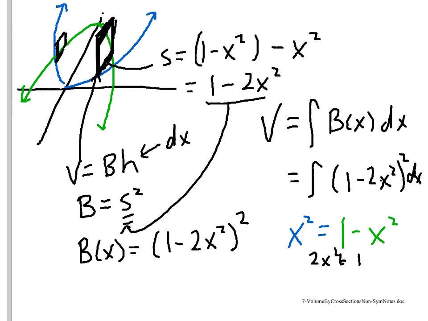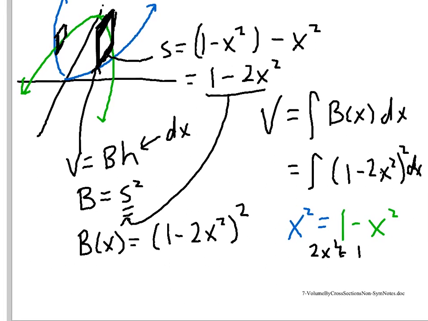And then we need to solve for x. So we divide by 2 and then take the square root. So it's plus or minus 1 over the square root of 2, and those will be our two upper and lower limits. So let me write that up there: 1 over root 2. In calculus, we don't need to rationalize. We can just leave it like that.